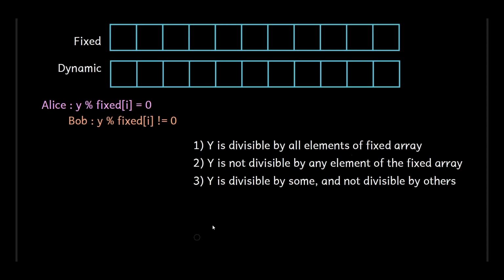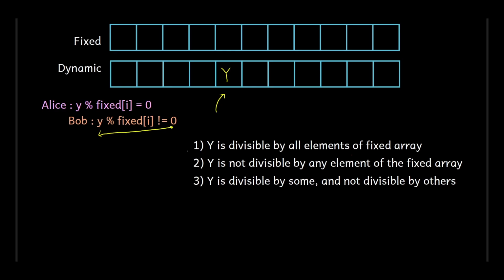Now, if y is divisible by all the elements of the fixed array, it means that Bob will never be able to touch this y at all, because no matter what index he chooses, this condition will never be true.